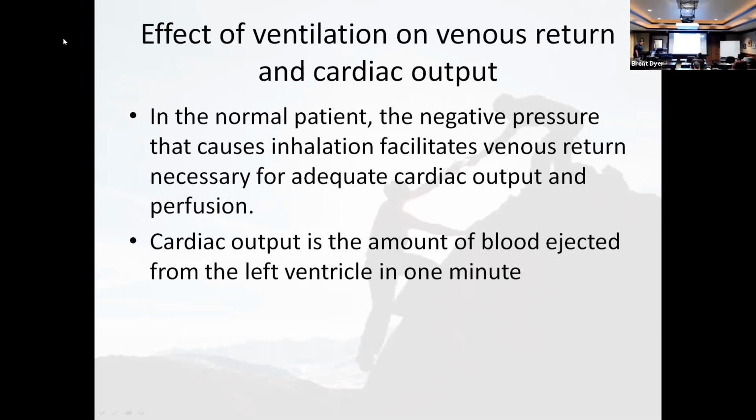Kidney failure patients would be patients who have end-stage kidney disease. If they have kidney disease, then they can't counter respiratory problems with the metabolic route. So remember, kidneys are metabolic, lungs are respiratory when it comes to acid-base balance.